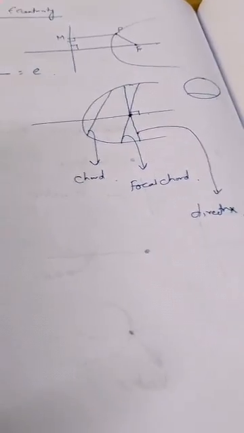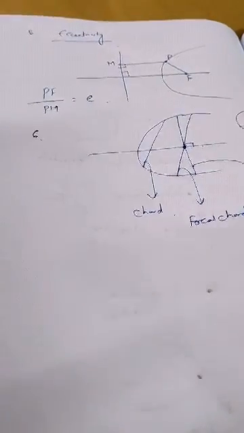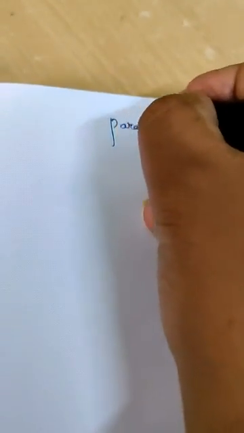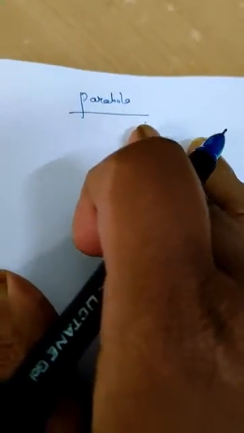Now, the first conic section in our course is the parabola. What is a parabola? How do we get a parabola?